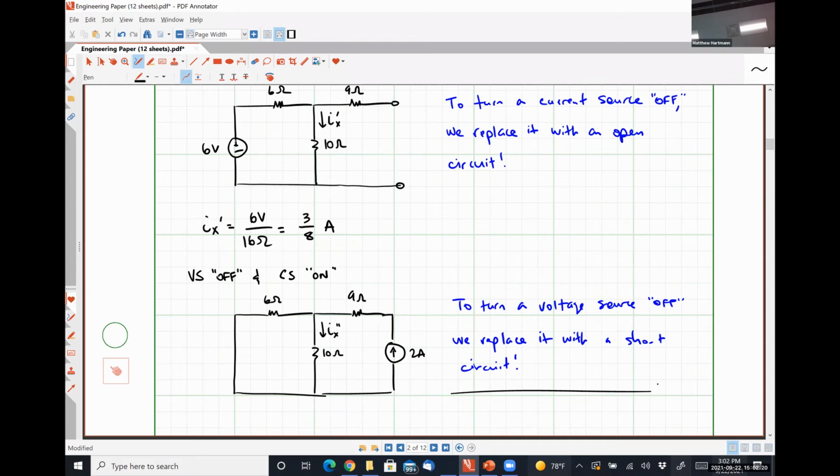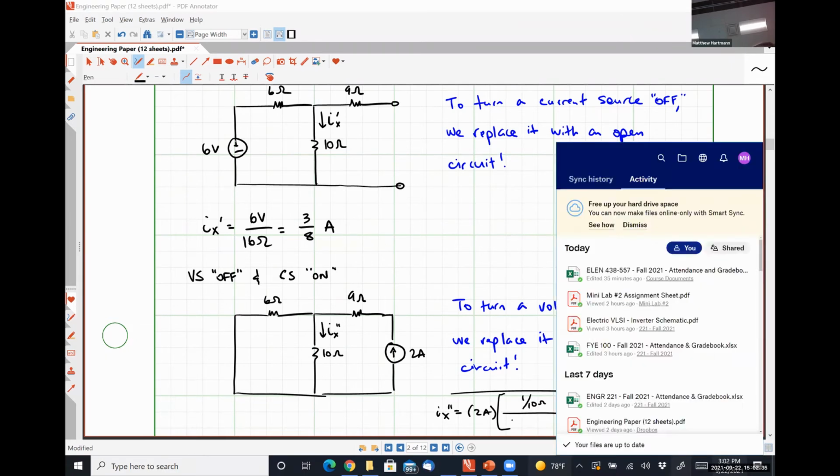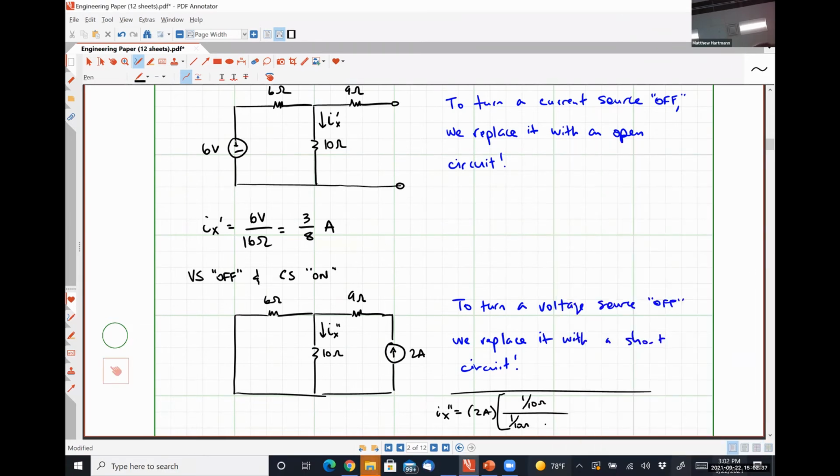So current division tells us that Ix double prime is going to be 2 amps times 1/10 ohms divided by 1/10 ohms plus 1/6 ohms. So let's see. It's going to be 3/30 divided by 3/30 plus 5/30.